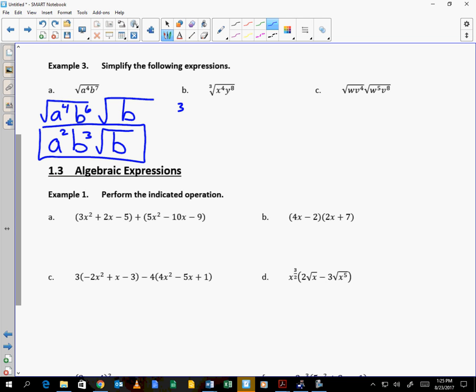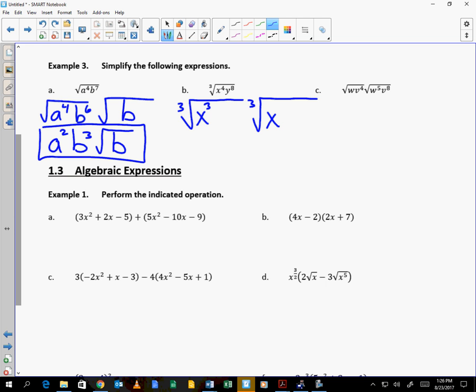Now I got cubed root. Is x to the fourth a perfect cube? Is x to the third? Sweet. So I got an x over here then. Is y to the eighth a perfect cube? Is y to the seventh?